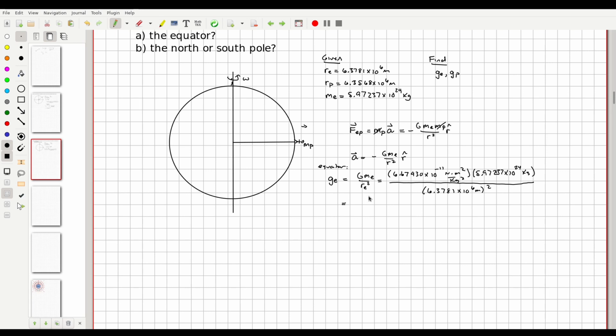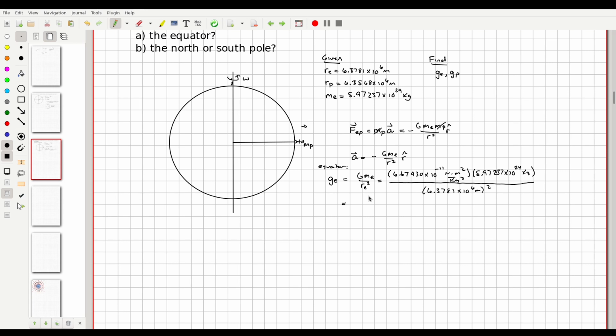So what's our acceleration due to gravity here? Well, let's see here. 6.67430 times 10 to the minus 11th times 5.97237 times 10 to the 24th. And then we have to divide that by the radius of the Earth at the equator squared, which would be 6.3781 times 10 to the 6.